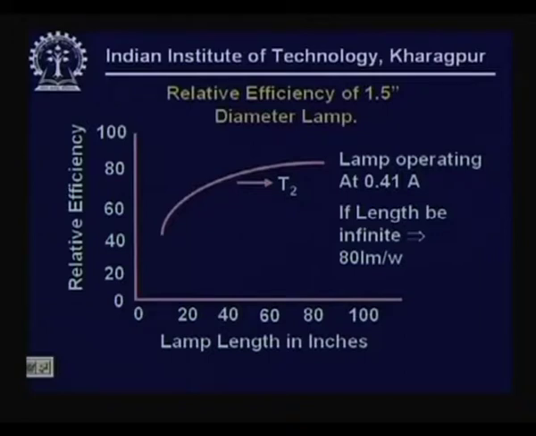Now, you see the curve begins with somewhere around 40 to 45% of the maximum possible light output, say around 10 inches, that is well beyond 4 to 5 diameters.